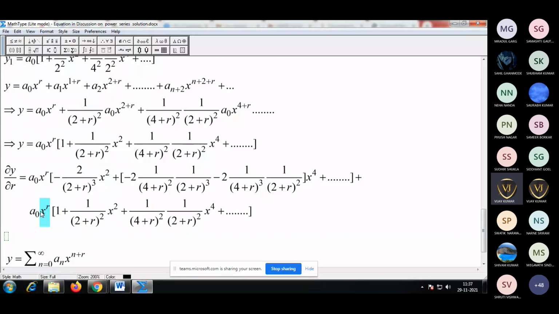It simply means the derivative of a power x.